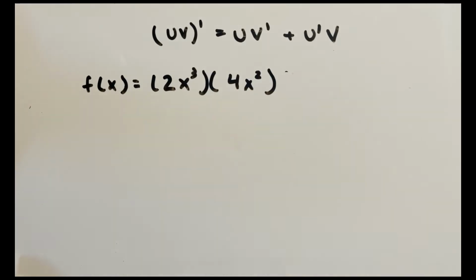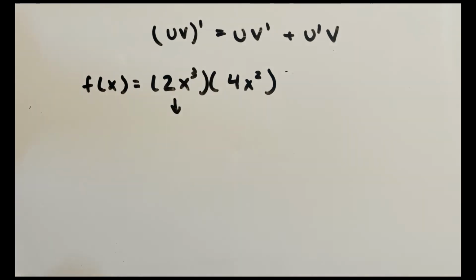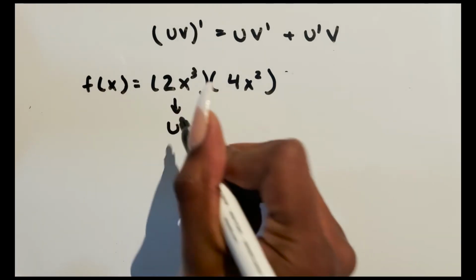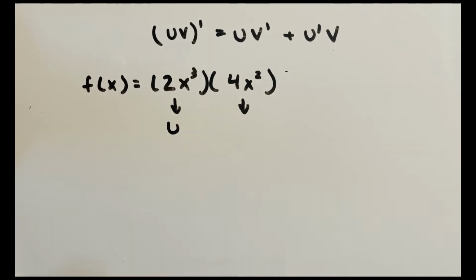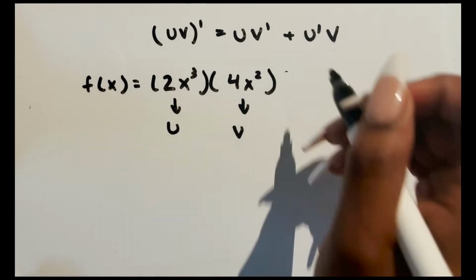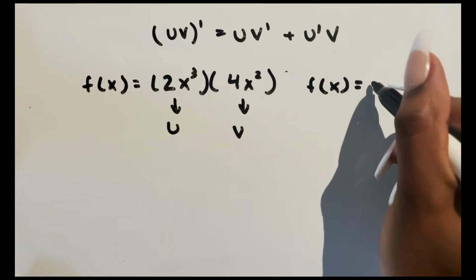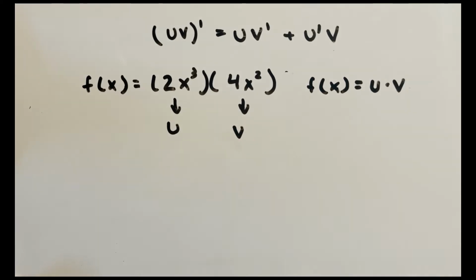So we have our two terms, and let's give these two terms substitute variables. Let's give our first term, 2x cubed, the substitute variable of u. And our second term, 4x squared, will be v. We can rewrite this function as f of x equals u times v.